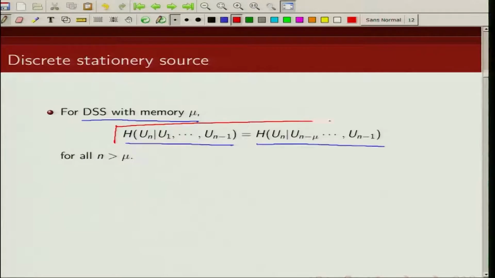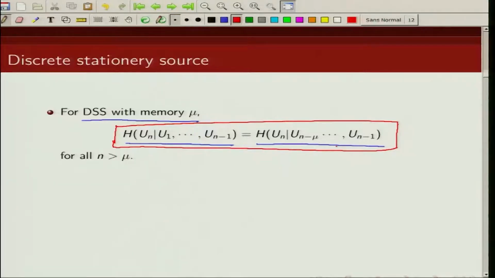Applying the definition of entropy, we directly get this relation, where mu is the memory of this discrete stationary source, and this is true for all n greater than mu.